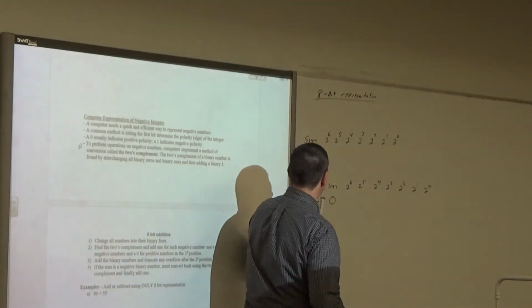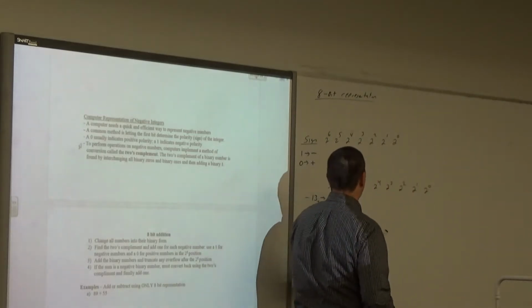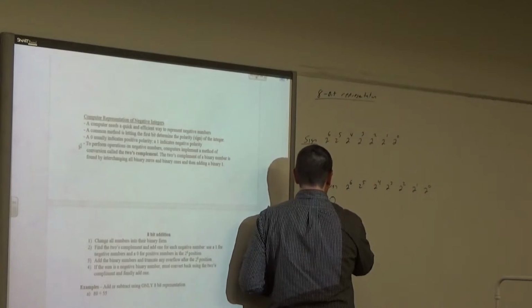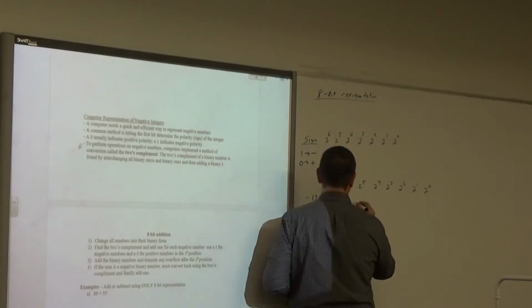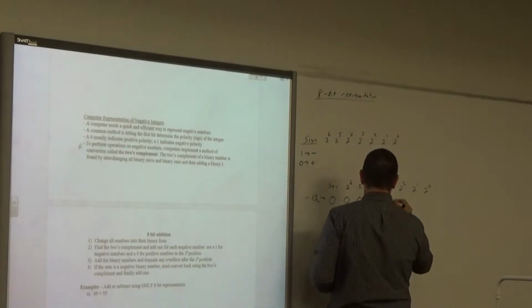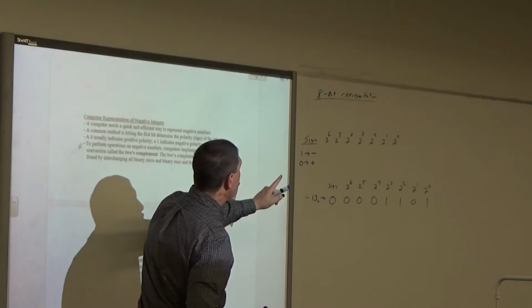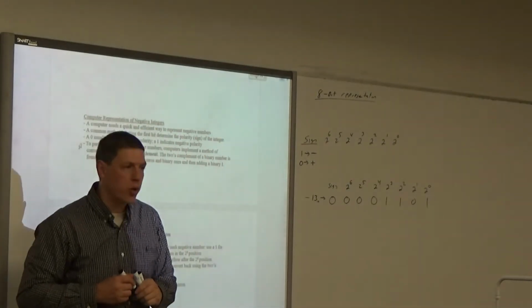Then all we do is represent 13 without regard to the sign. So 13 is going to be 8 plus 4 plus 1, right? You would agree that that is the binary representation of 13, right?